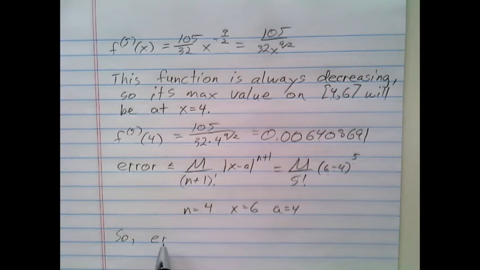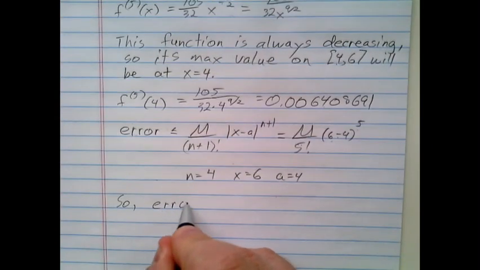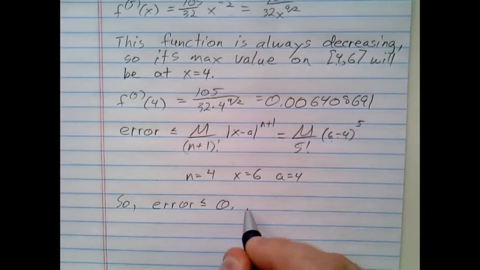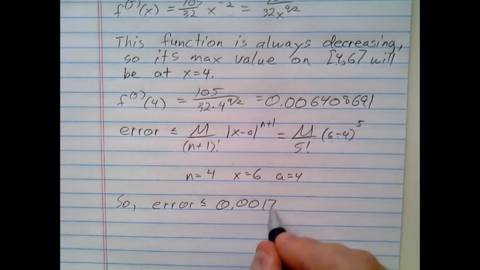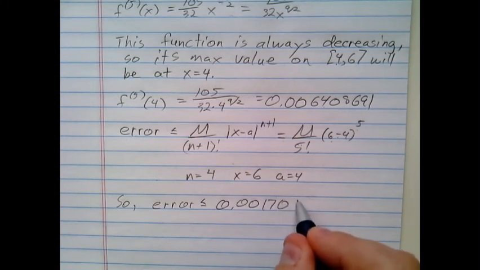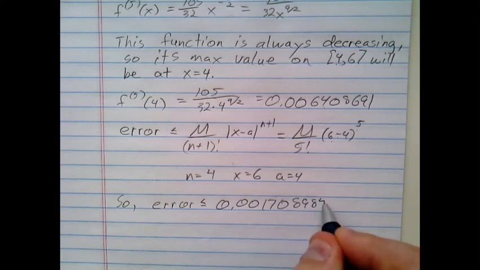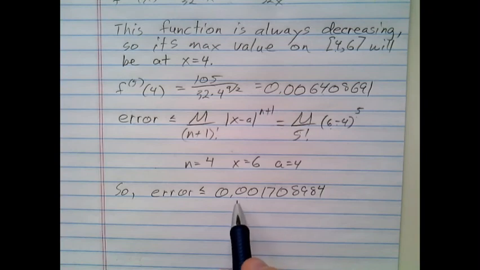So my error is less than or equal to 0.001708984. In particular, that tells me that I've got at least 2 decimal places accurate in my answer. Let's have a look at that.